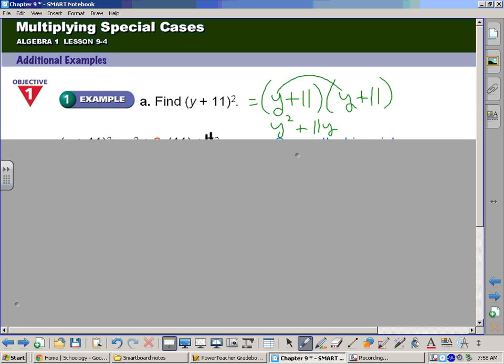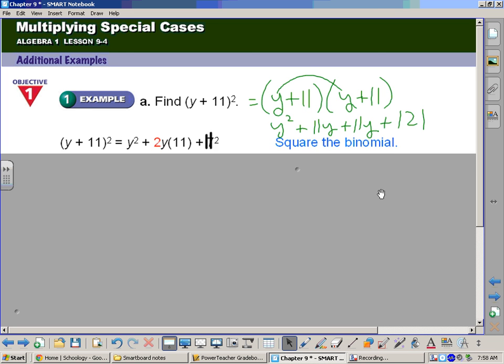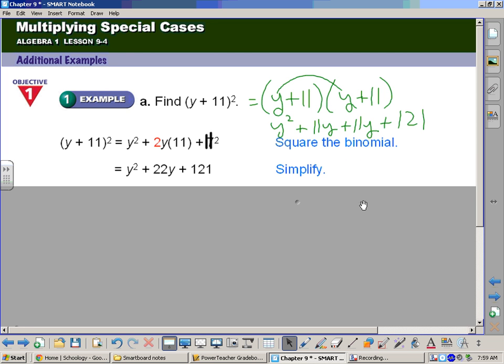Then we multiply the inside terms, 11y. And then the last terms, which is 11 squared, which is 121. Simplifying that, we get y squared plus 2y times 11, and then 11 squared, which as we said was 121. So your final answer is y squared plus 22y plus 121.